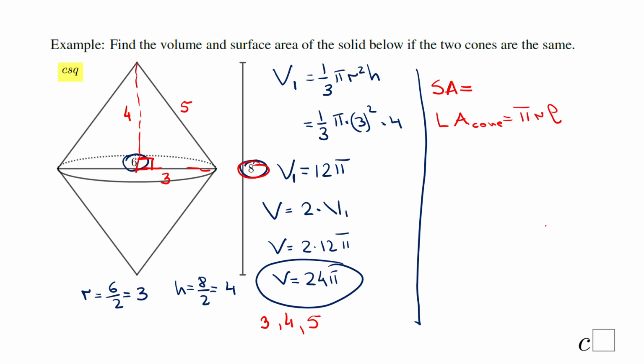This slant height will be 5. Okay, so we have here pi, radius is 3, and the slant height, to be clear, is 5. So we have 15 pi for the lateral area of the cone.